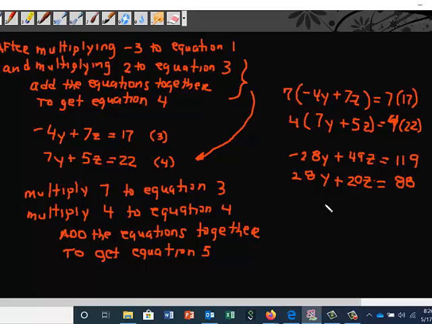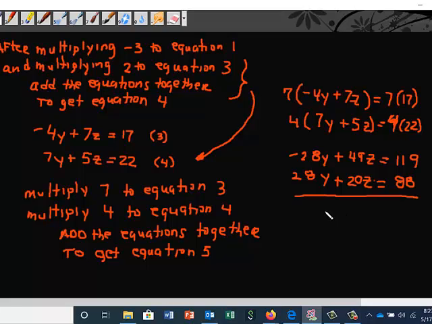Okay, so now this becomes what? After we multiply these numbers to the two equations, distribute, and also add both of the new equations together, we get equation 5.